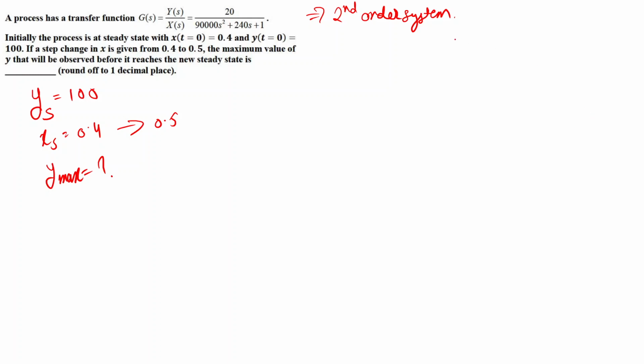So for a second order system, if we have to see the response corresponding to this step change, we can draw the plot like this. Let's just consider this as 0 and this is our steady state.